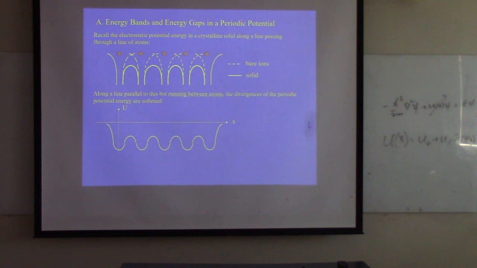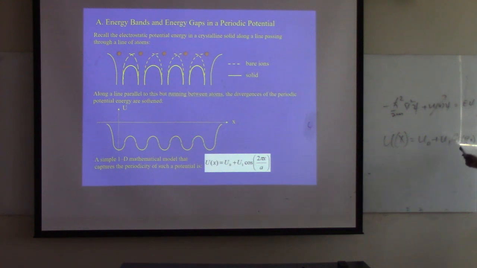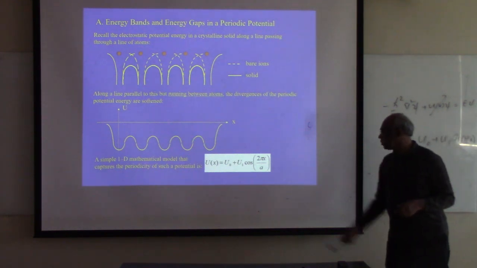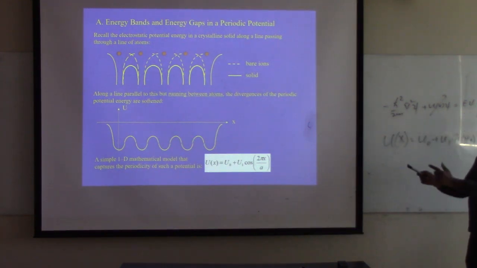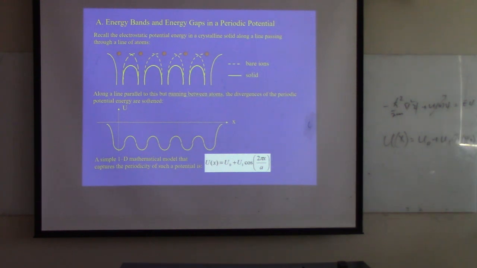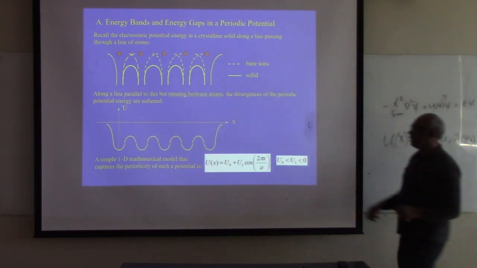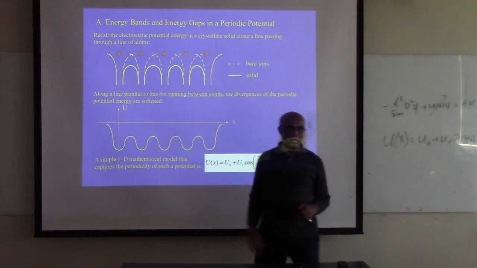Okay, so now if I write my potential like this, U(x) as U0 plus U1 cosine of 2 pi x over a. This a is important, that is the periodicity. Because U0 and U1 both are negative, we'll assume U1 to be large, otherwise we don't have any effect, right?